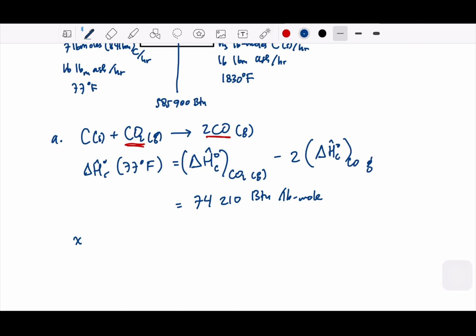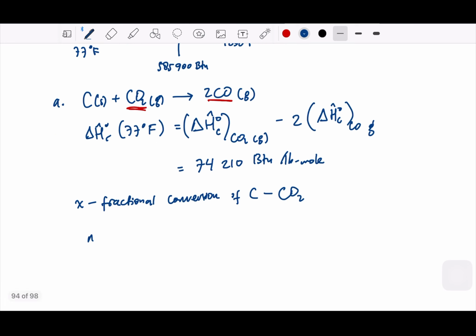And let's say we have a fractional conversion. So X is the fractional conversion of carbon and CO2, so N1 is 7x, and then this will be 2 lb moles CO from the stoichiometry and 1 lb mole C that is reacted.